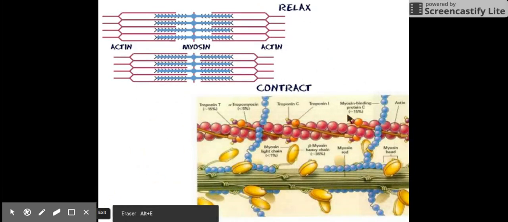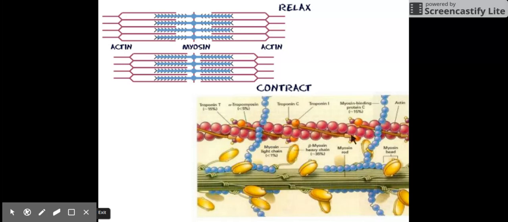So I want to draw your attention down to this picture right here. This is a close-up of actin and myosin filaments. The pink one right here, where my cursor is moving, is of course actin. It's the thin filament. And these pink beads that you see, those are the actual actin proteins. And they're being guarded by some other accessory proteins. Then down here we have the myosin filament, and they have these lovely myosin heads that really want to attach to actin.